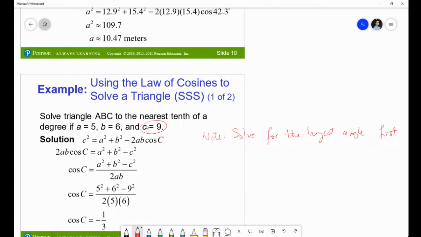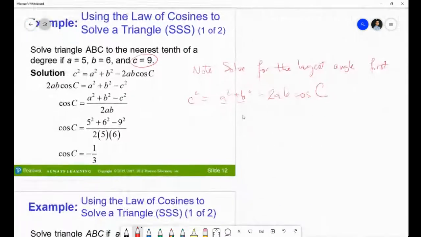If I want to solve for angle C, that means that C has to be on the other side by itself. That means that A squared and B squared will go here, minus 2 times each one of these, cosine of angle C. Okay, so when we plug it in, you can see that we can solve for cosine C by moving everything to the other side.